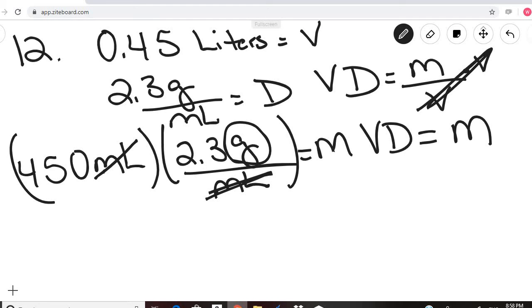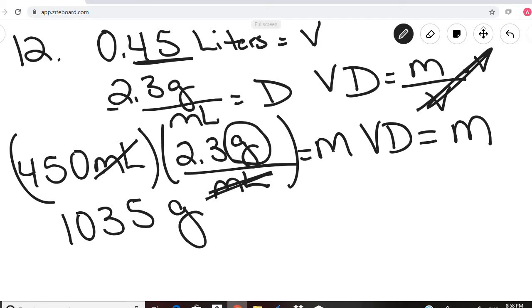So the units that we're left with is grams, and that is a proper unit for mass. So 450 times 2.3, you will get something like 1,035 grams. Okay, but then if we look at our significant figures, we're limited by this and also by this to two significant figures. So we have to get this number into two significant figures, and the only way we can do that is to use scientific notation.